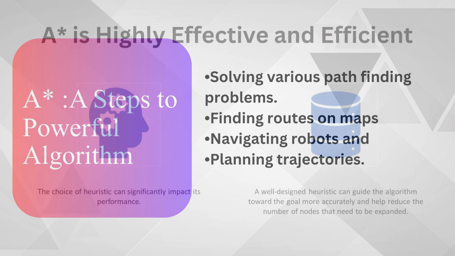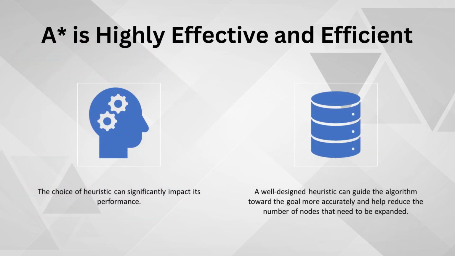While A star is highly effective and efficient, it is important to note that the choice of heuristic can significantly impact its performance. A well-designed heuristic can guide the algorithm towards the goal more accurately and help reduce the number of nodes that need to be expanded.